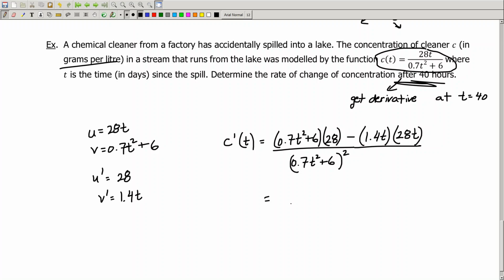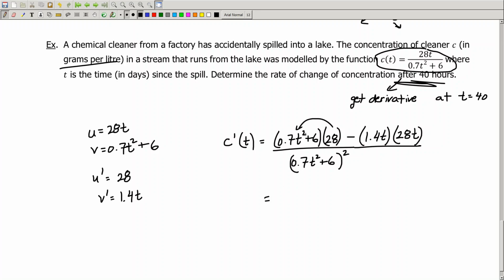So keep in mind you have two options here. One is you plug in 40 straight into this function and you get your derivative, c prime of 40. The other one is you can simplify first, then actually plug in 40. It really doesn't matter because all it's asking for is the derivative at a certain time.